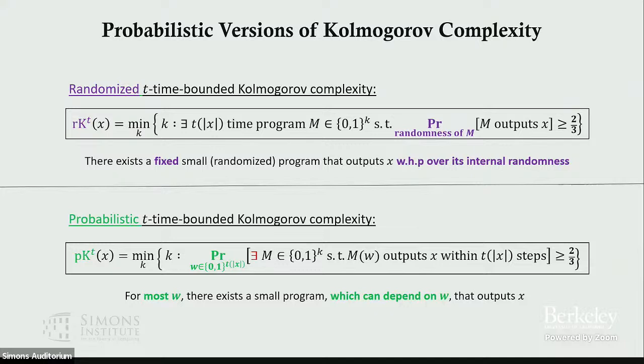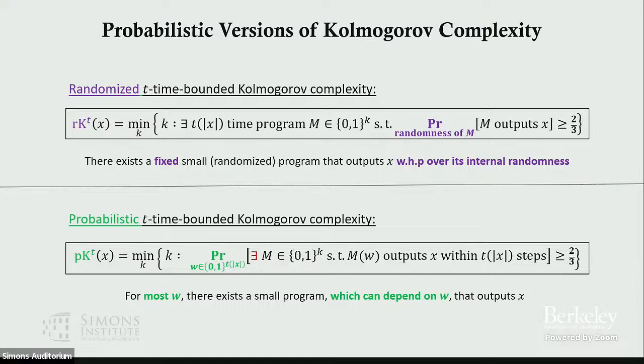So the PKT complexity of a string X is defined as the minimum K such that with probability at least 2/3 over a random string W, there's a program M that takes W as an input and prints X. So unlike in the previous cases where we have a fixed program that prints X, either a deterministic one or randomized one, here we say that for most random strings, there is a program that prints X, and the program can depend on the random string.